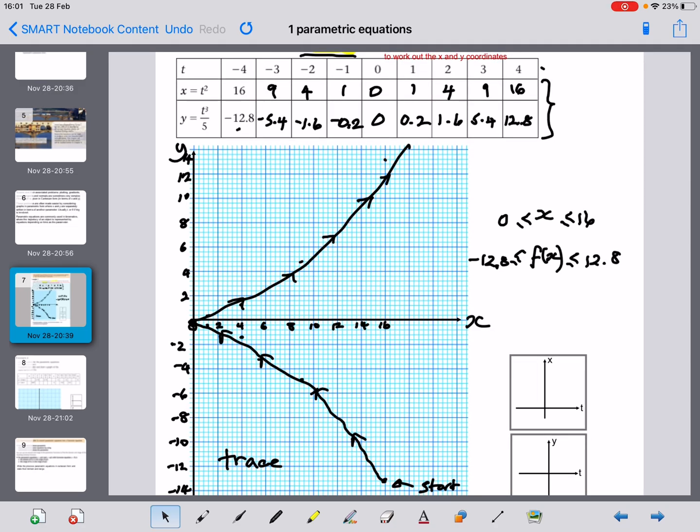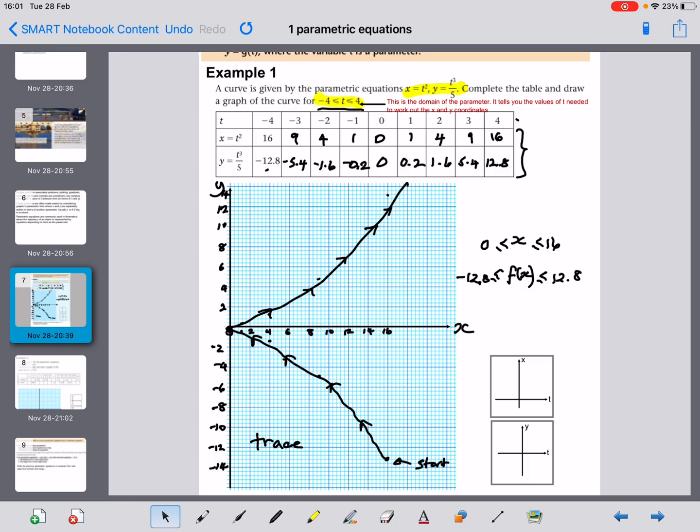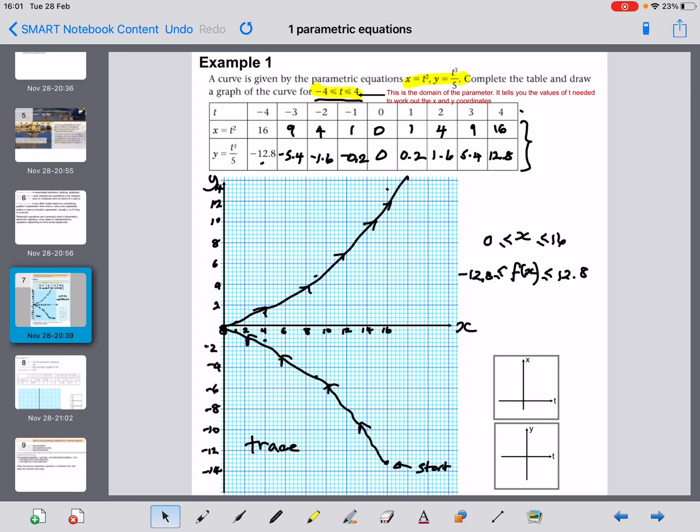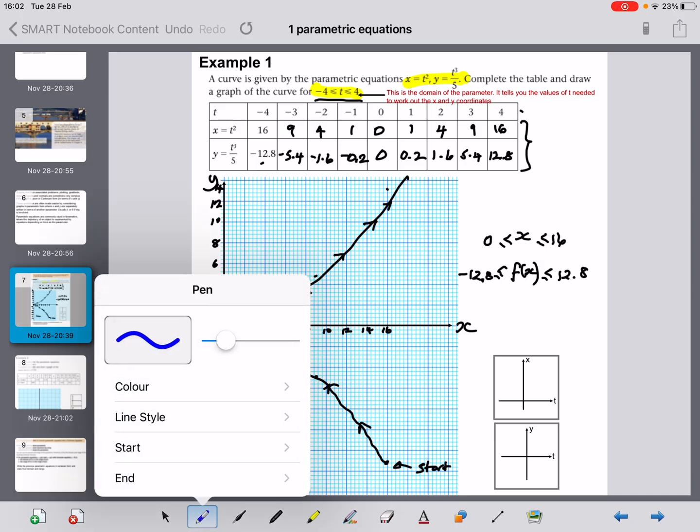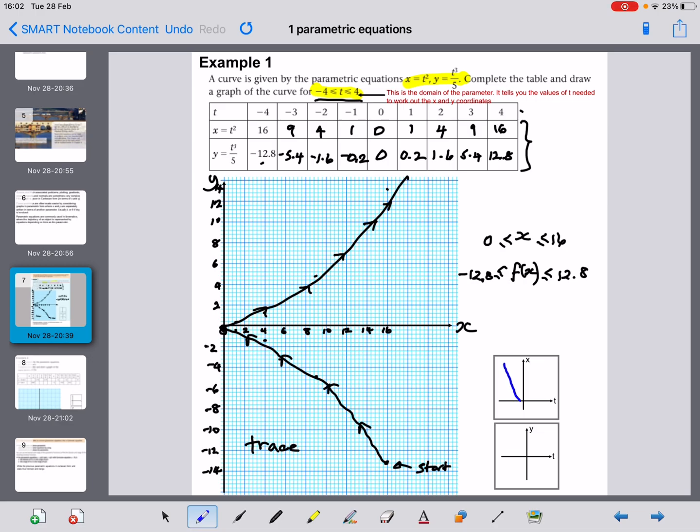Okay, if I consider what x equals t squared looks like, so if I plot x equals t squared for t against x, that's a bit like plotting y equals x squared for x against y. So that would look like that. And that would go from -4 to 4.